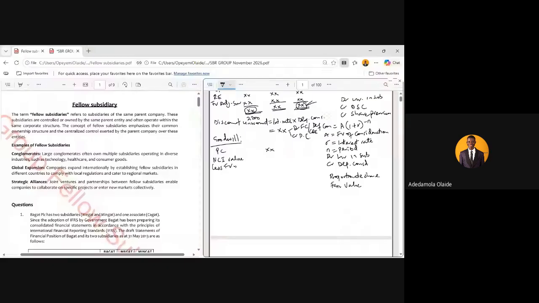We less the fair value of the net assets. Once we less the fair value of net assets from this, we now have the right amount.